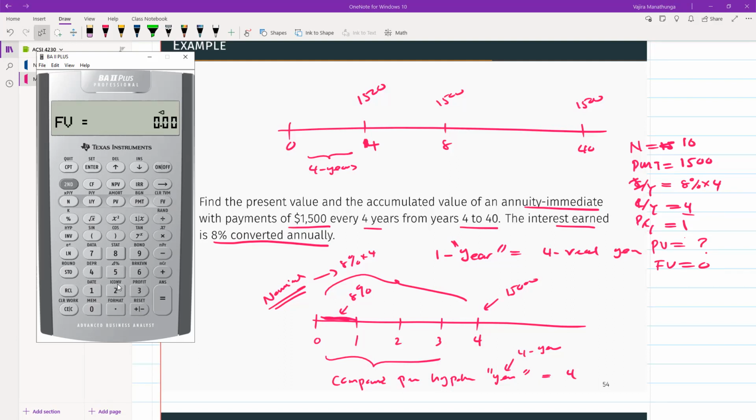Rate is 32%. Then payment per year is 1, but compounding per year is 4. And then I need the present value: 3,069.